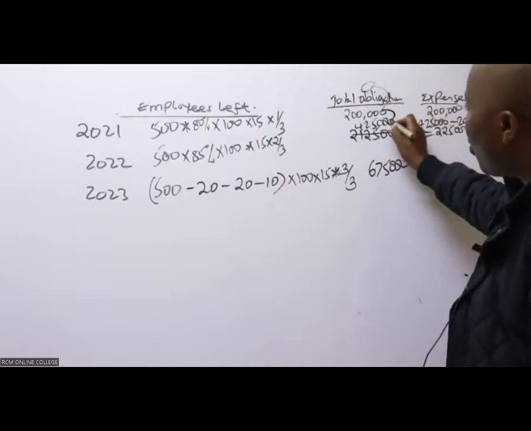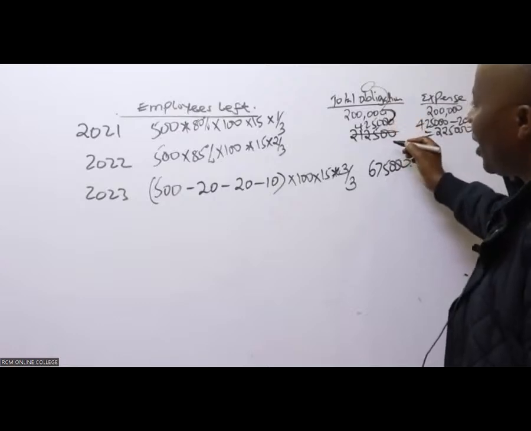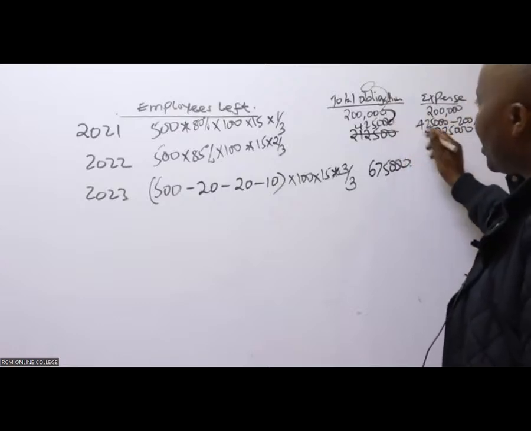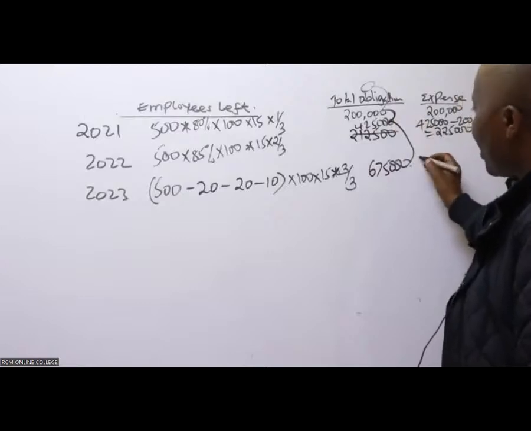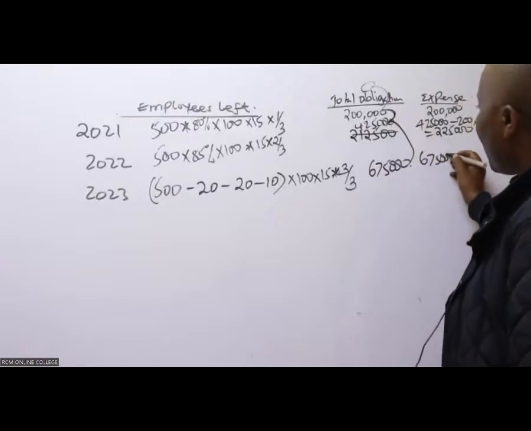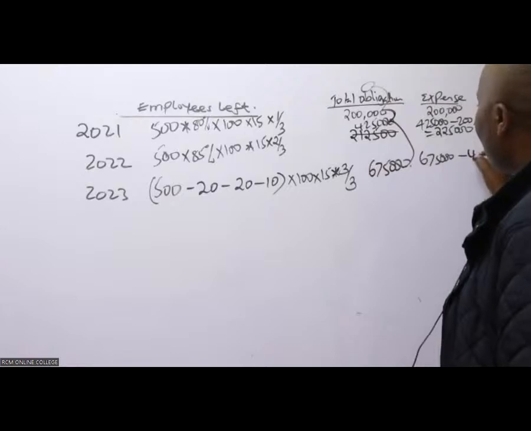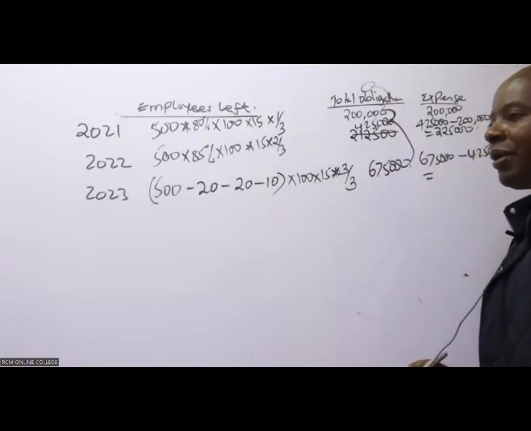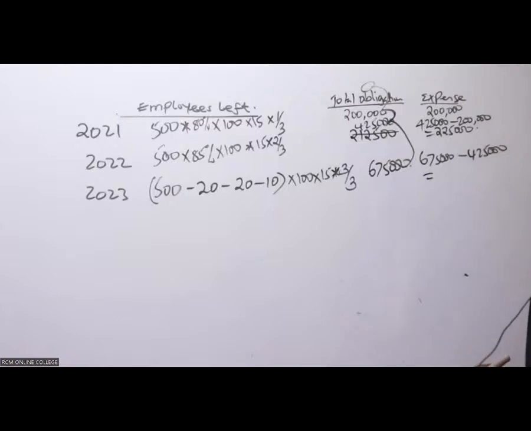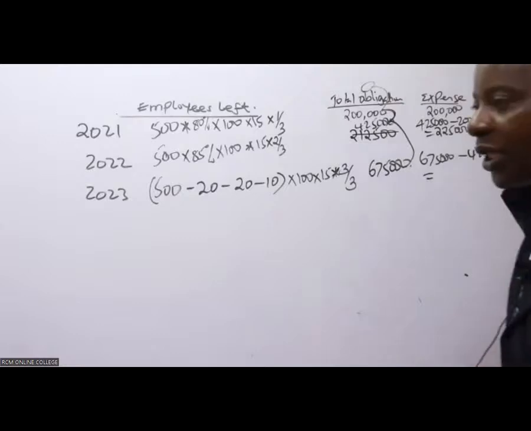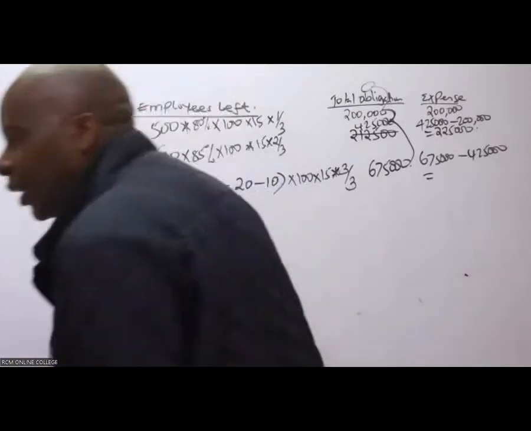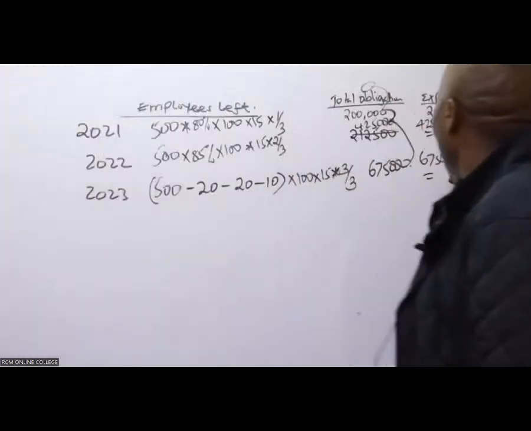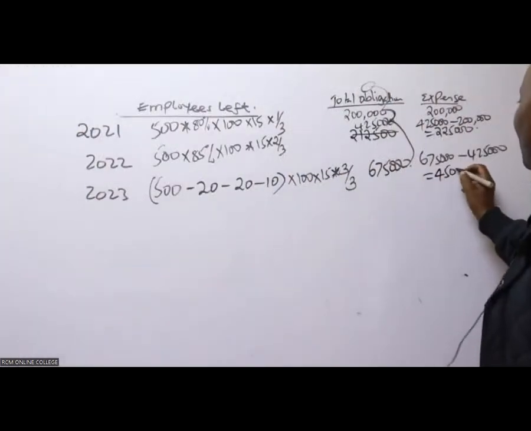The second year you recognize this difference. The third year you shall recognize 675,000 minus 425,000, which gives me 450,000. Thank you very much.